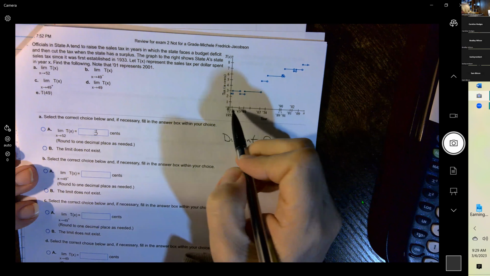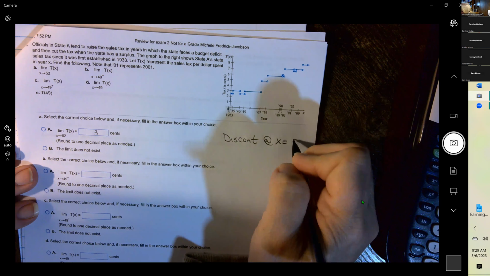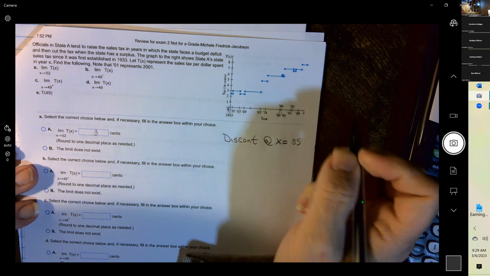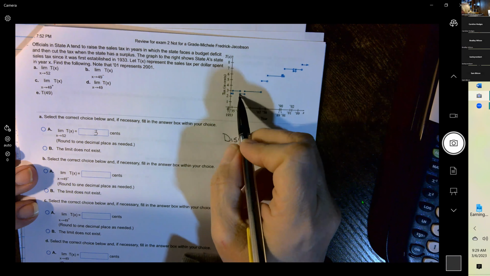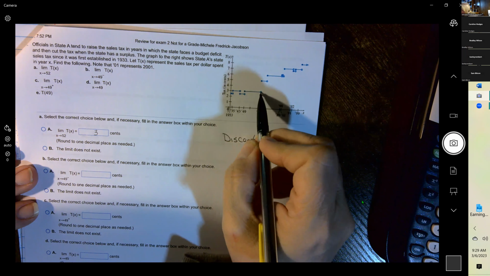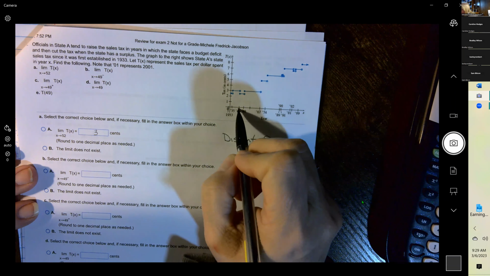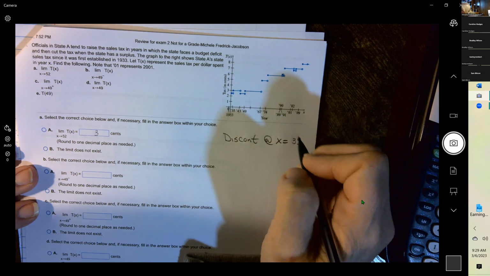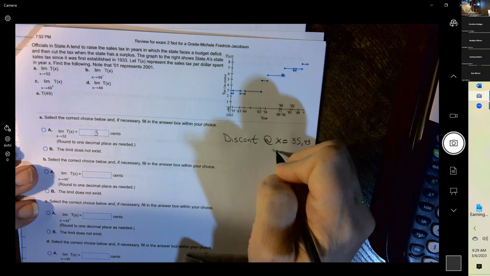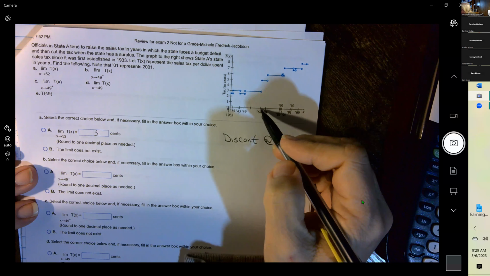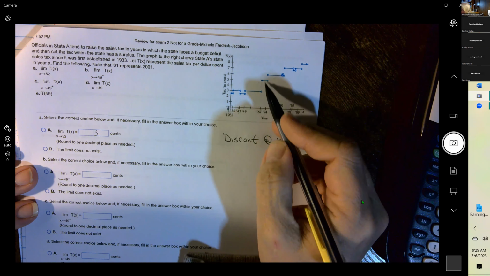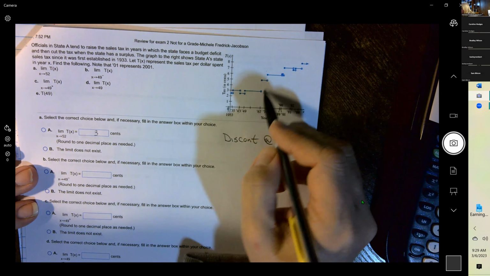Now I'm only going to name a few because this one has too many, but 35, there's a break, so 1935. 43 has a break because if I'm tracing wherever you have to jump, those are all discontinuous. And I think those are what they labeled, but 43, 49, 67, 74. So all these breaks are where it's discontinuous.